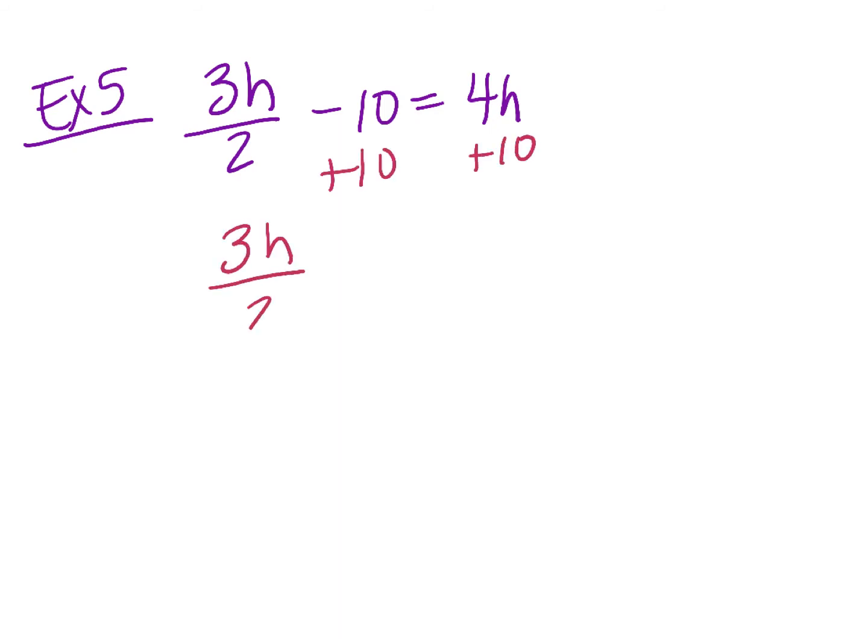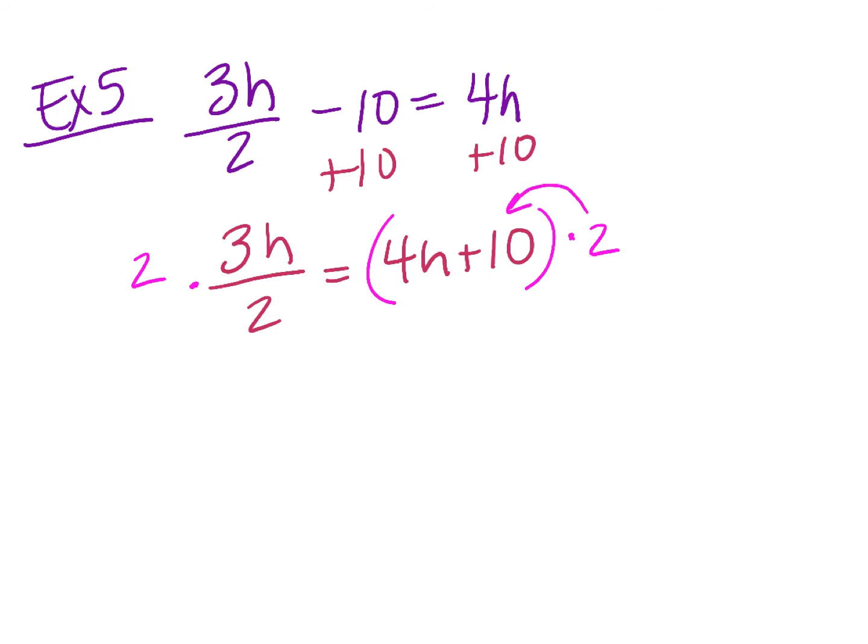So we have 3h over 2 equals 4h plus 10. Can't combine them, they're not like terms. But to get rid of our fraction, we times by 2 on both sides. But when we times by 2 on the right, we are going to have to use parentheses and distribute that 2 to both pieces. So on the left, the 2's cancel out. So we have 3h equals 8h plus 20.